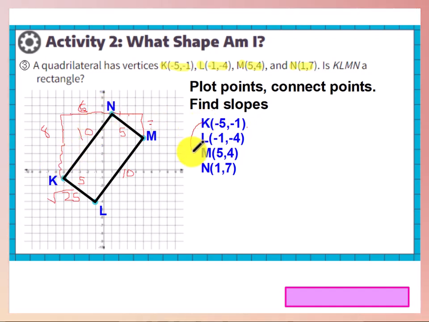So K to N, take the difference in the y's, always start with the second one. So 7 minus, go to the first point, negative 1, over, go back to where you started. I'm going to draw an arrow so I can show you what direction I'm going in. So start with 1 minus negative 5. We started with 7 for the y's, start with 1 for the x's.